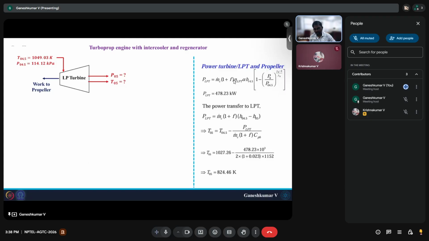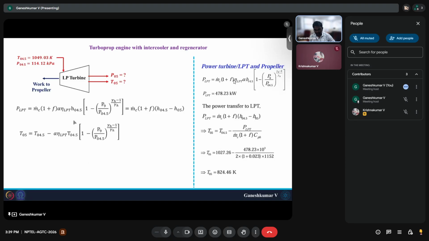Okay, so the total power available at the LP turbine is nothing but the m dot c into 1 plus f, h04.5 minus h05, which is nothing but the alpha times the efficiency times the total power available at the exit of the HP turbine, which is this big equation.